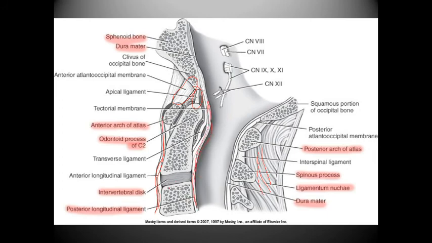And so as you can see, it kind of traps the intervertebral disc in its place to keep it from going anywhere, and also creating something that kind of holds the vertebral body in place.